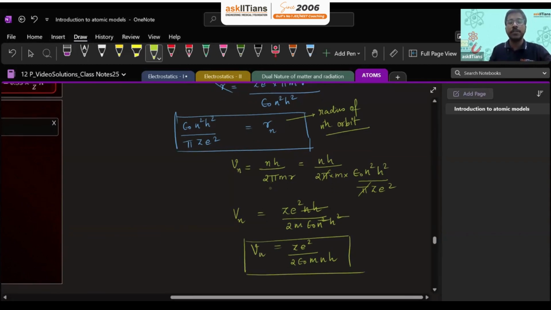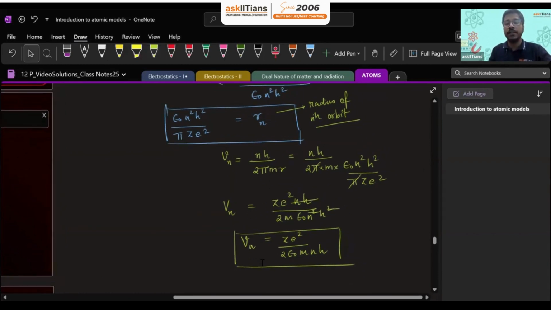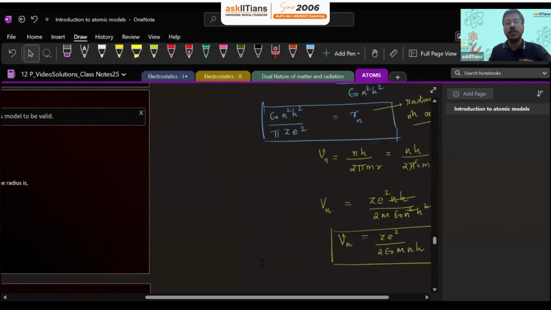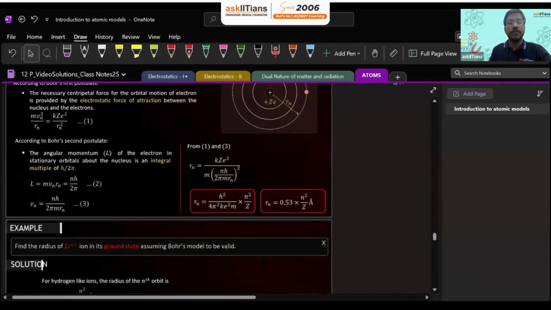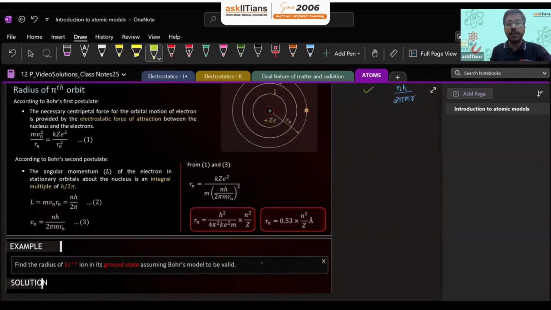Okay, so we have the radius of the electron in the nth orbit and the velocity of the electron in the nth orbit. Now you can see over here that if you take the radius of electron in the nth orbit, you can take everything else and n square by z separately.